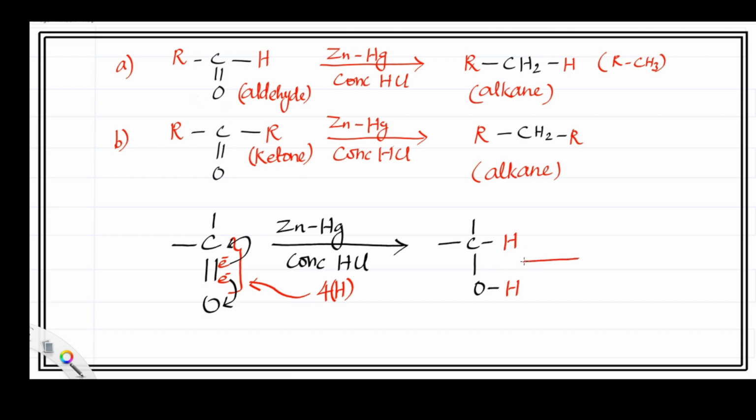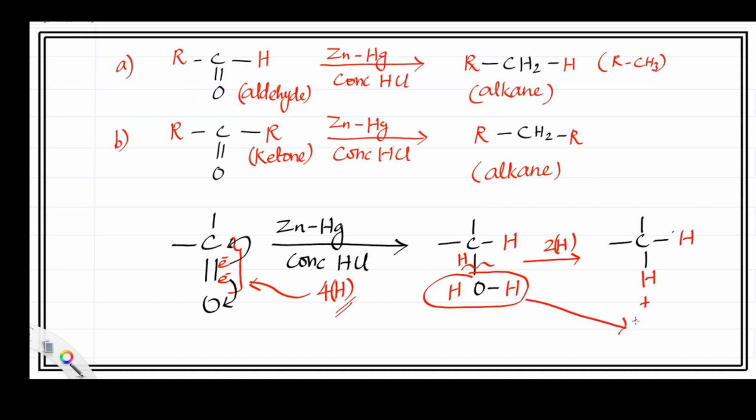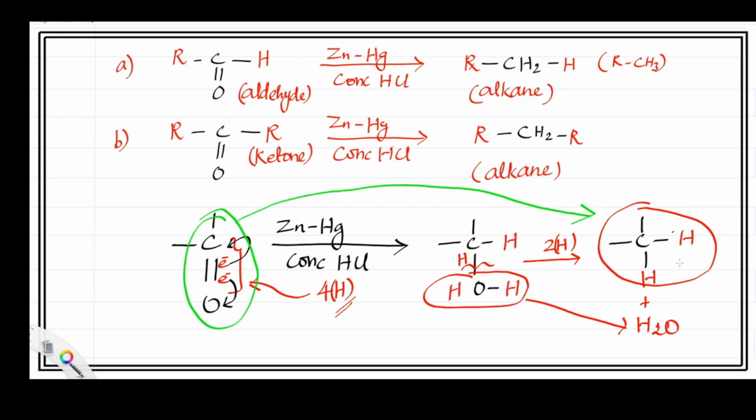After that, further 2 hydrogens from these 4 again combine with this C-OH group. We get this type of bond breaking. Then 2 hydrogens approach, and these 2 H's and 1 O produce water. After that, we get CH2. The net reaction is the double bond between carbon and oxygen is reduced to CH2.